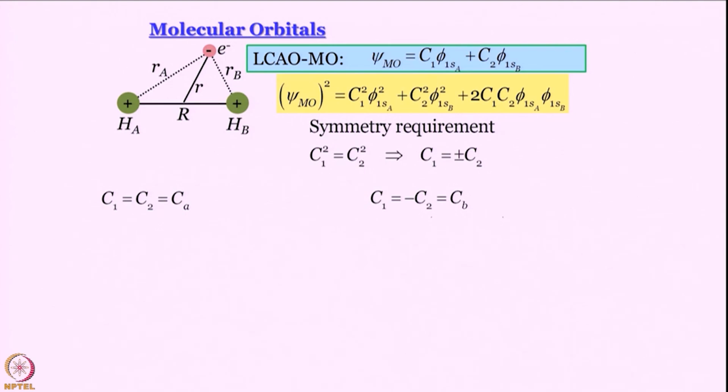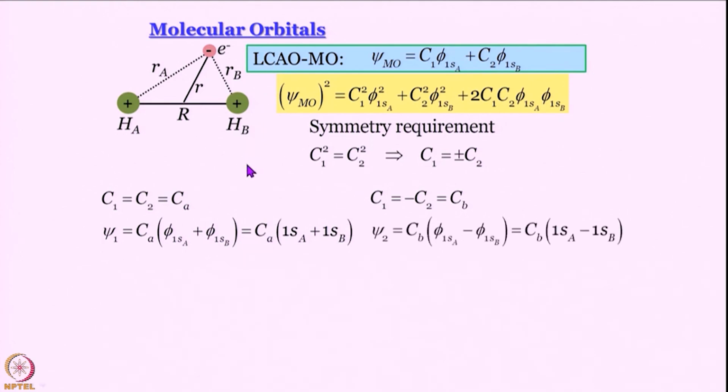Actually this is an ill conceived nomenclature, it would have been better to call the first one Cb and the second one Ca, you will see why I am saying this. So, this is the first wave function, I take the plus combination. So, psi 1 is Ca multiplied by 1sa plus 1sb. The other one is 1sa minus 1sb multiplied by Cb.